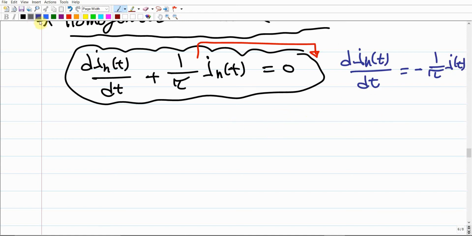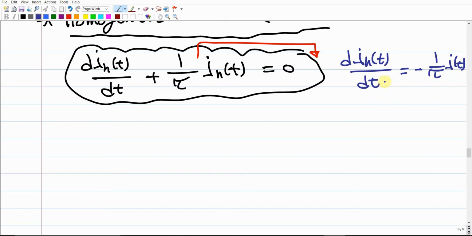The key idea now, after we move this term and before doing the integration, is to collect the I terms on one side and the dt on the other side.